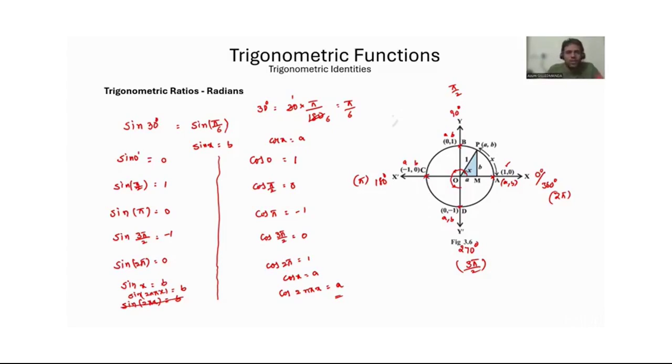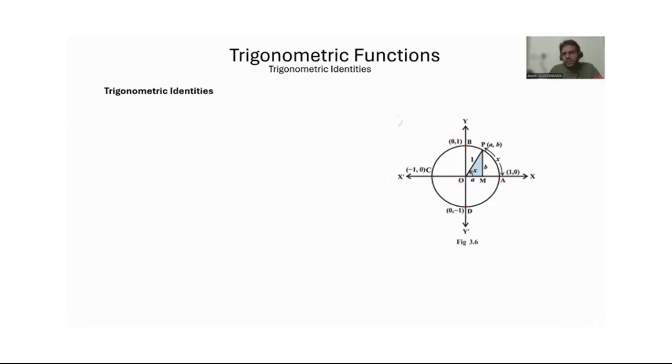Okay. Now let's look at trigonometric identities, right? I think we learned in previous classes as well, but here also we will take a quick review of trigonometric identity. So let's say triangle OPM is a right angle triangle. So here, using Pythagoras, we can write the hypotenuse square equal to what, guys? Opposite side square plus adjacent side square, right?